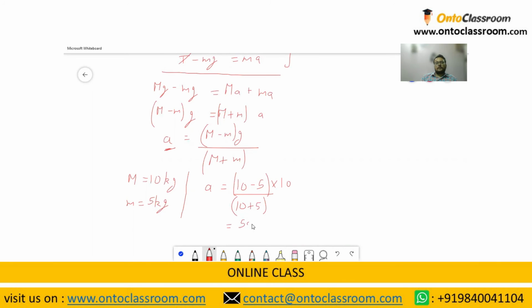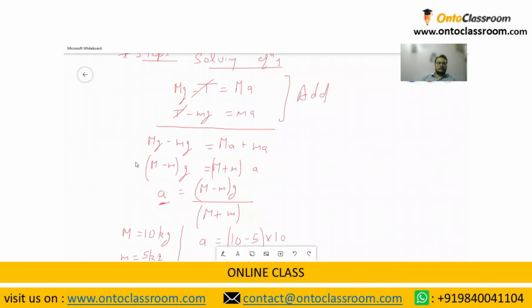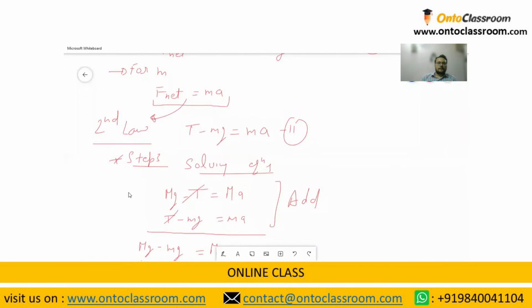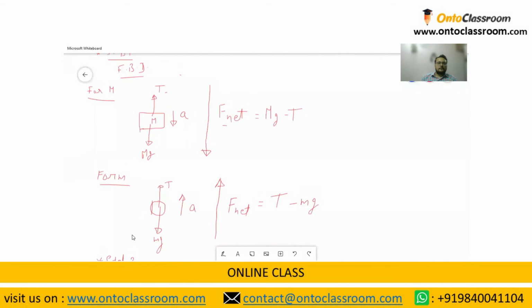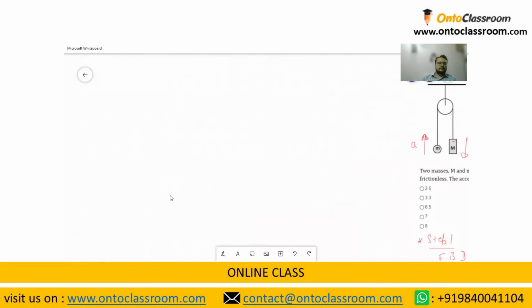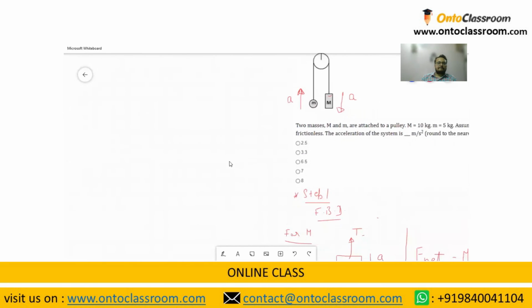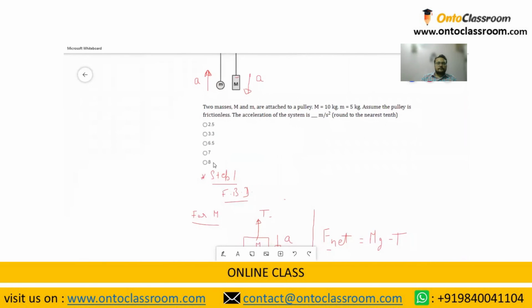So this will come out to be 50 divided by 15, that is approximately equal to 3.3 meter per second square. So now we'll check in the options about the possible answer. From here, I think the second option will be correct, 3.33.